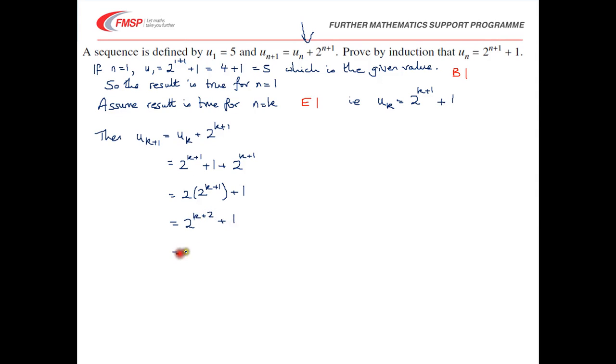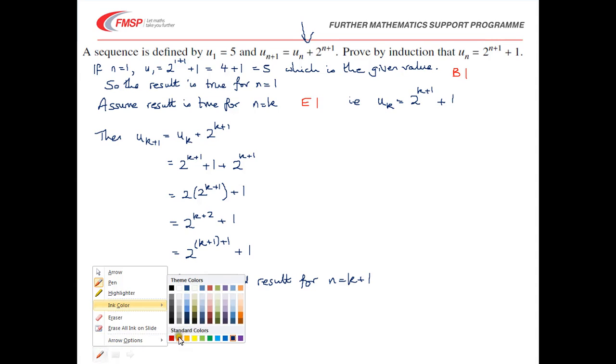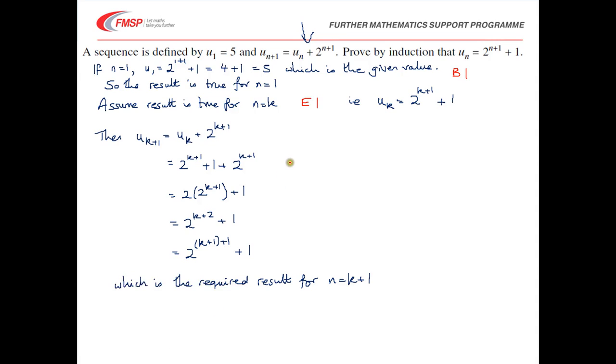And to be really pedantic, we'll say that's 2 to the k plus 1 plus 1, which is the required result for n equals k plus 1. So for that part of the working, there is a method mark for using uk and an accuracy mark for getting the correct expression.